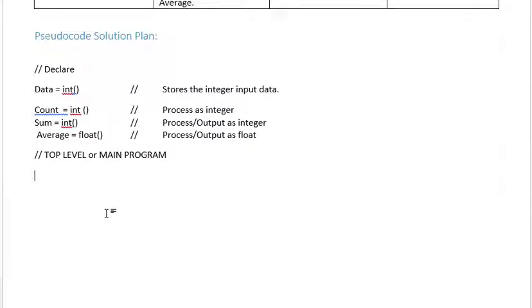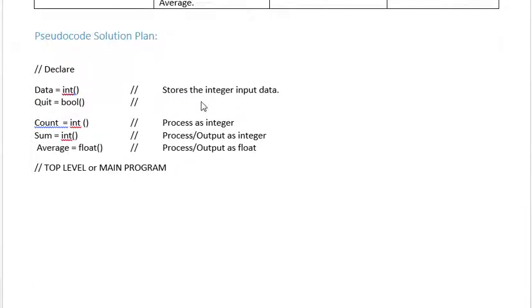Alright, looking at the problem I have to solve, I have a couple of variables that I should set up to have initial values. Oh, and I'm missing one. I'm missing the quit variable. Right, added in the bool variable quit.